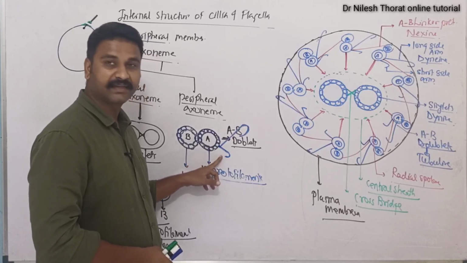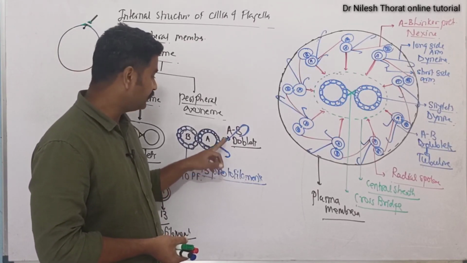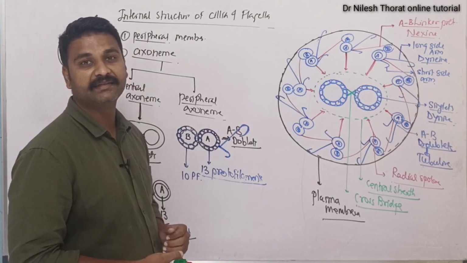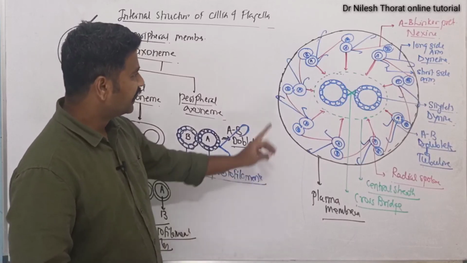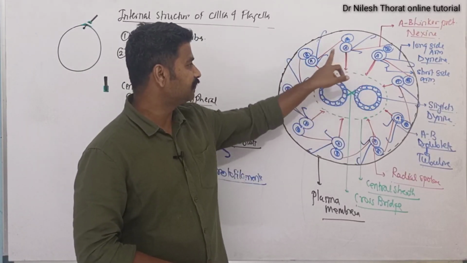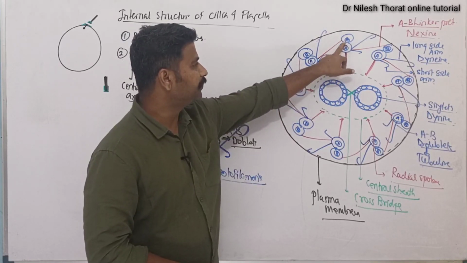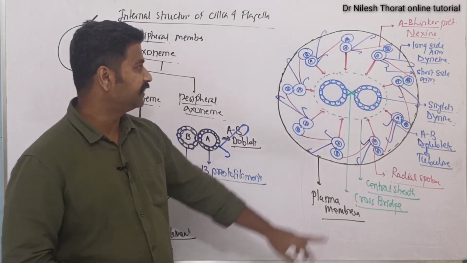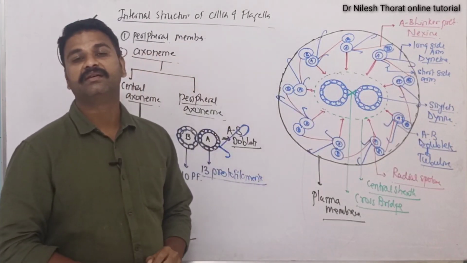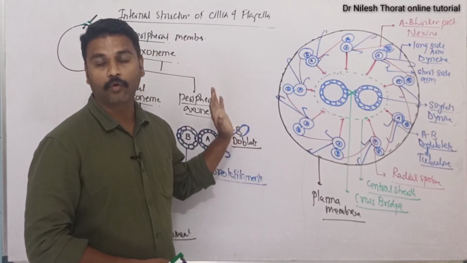The shorter side arm, which is present towards the inside, has a bend, while the longer side arm, which is present towards the outer side, has a loop kind of structure. And all the doublets are connected to each other in such a way that the A tube of one doublet will get connected to the B tube of another doublet with the help of the AB linker protein, which is a Nexin type of protein. So we have to memorize this whole structure.